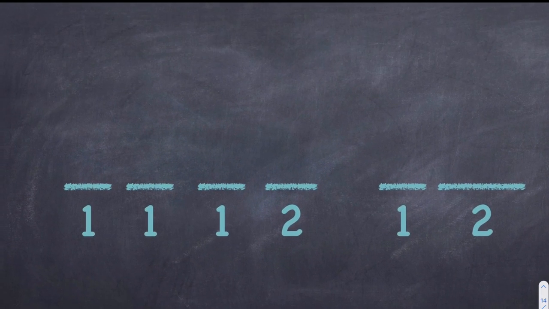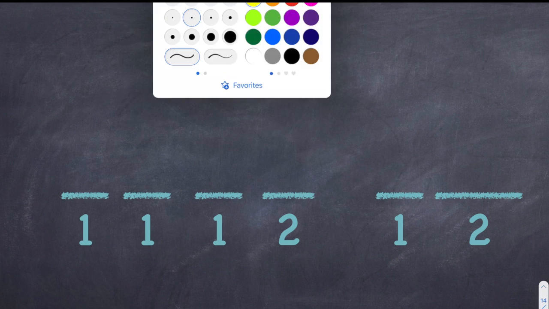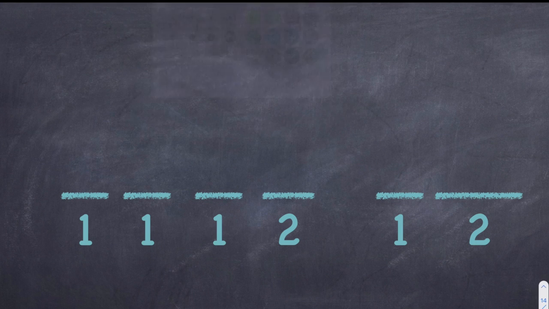Last, our word is spelling. Tricky, spelling. Now, in between this, I'm going to draw this line right there. And the reason for that is because this is a 2-syllable word.